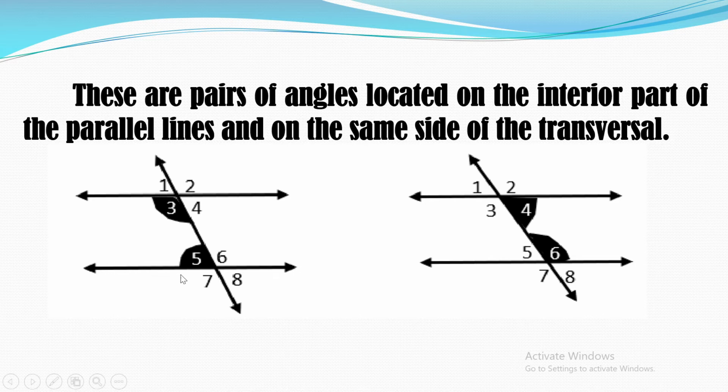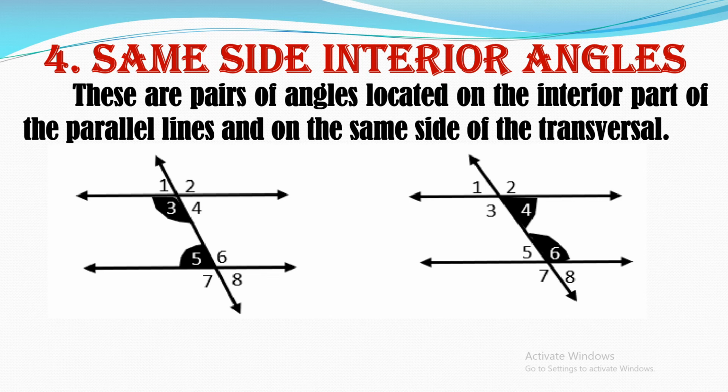So as you can see on this first figure, angle 3 and angle 5 are both on the interior of the parallel lines, and they are both on the left side of the transversal. And we call these pairs of angles the same side interior angles.